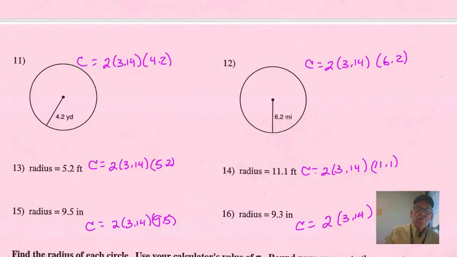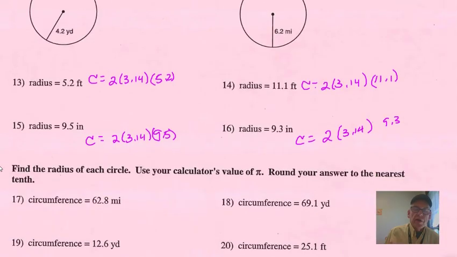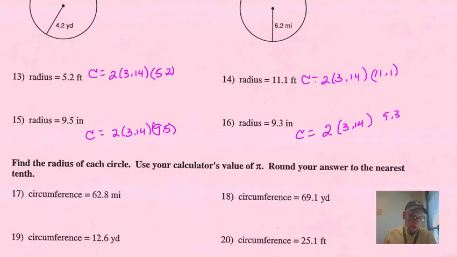Okay, so hope there are no questions on this. Let me go ahead and run these through the calculator. So 2 times 3.14 times 5.2 is 32.66.